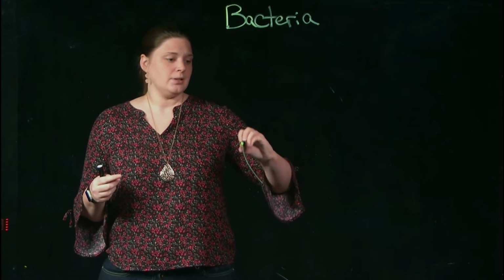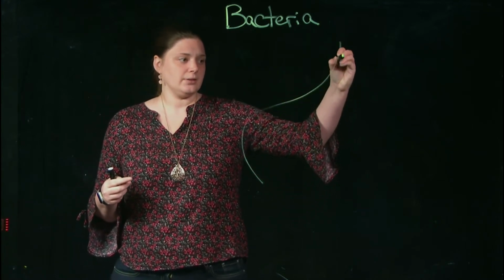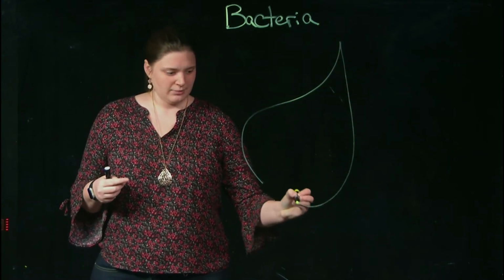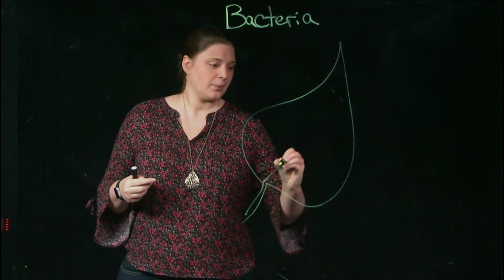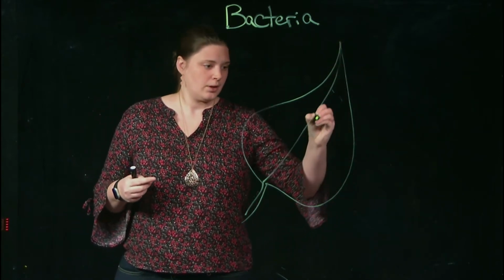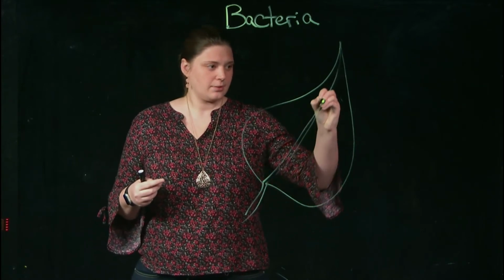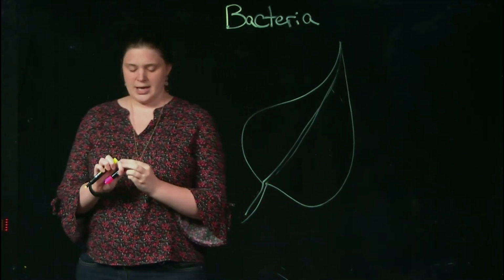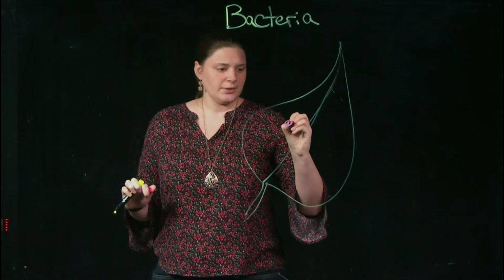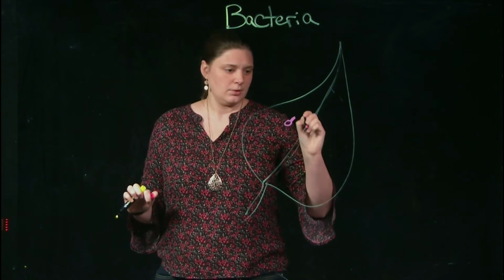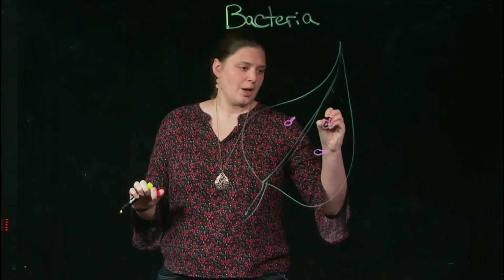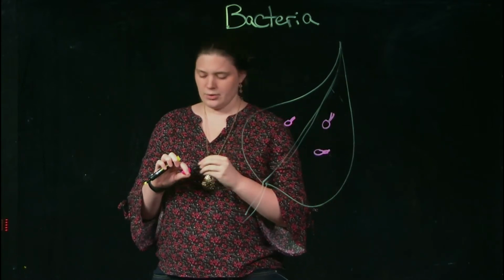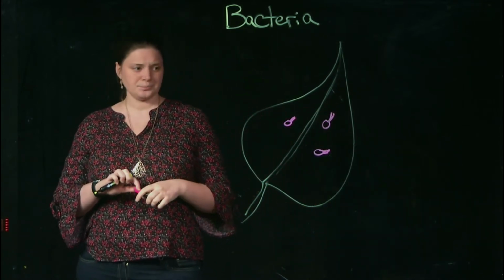So we're just going to use a leaf for a second. And I know, my lovely leaf. On the surface of this leaf, we're going to have some bacteria, because believe it or not, bacteria are often epiphytic, so they're on top of plant surfaces.